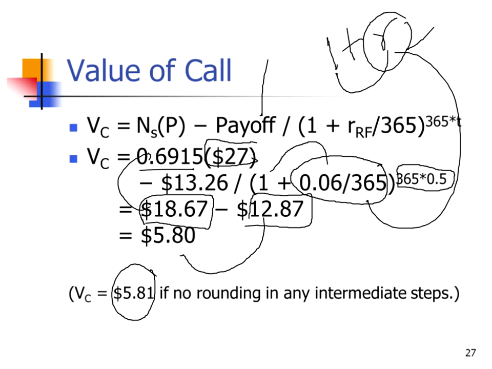So this is $5.80. So this is 5.81 if no rounding is done in any intermediate step. So this will be the value of the call option. All right, everyone clear on this?